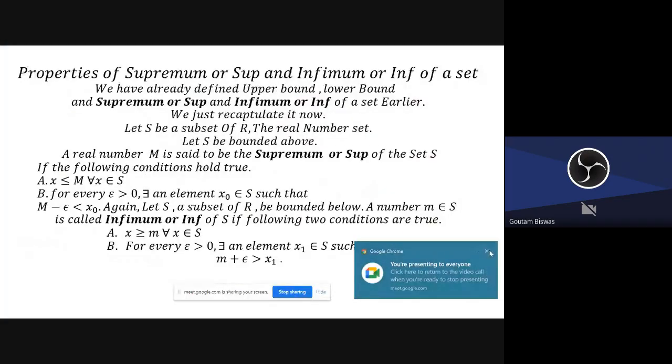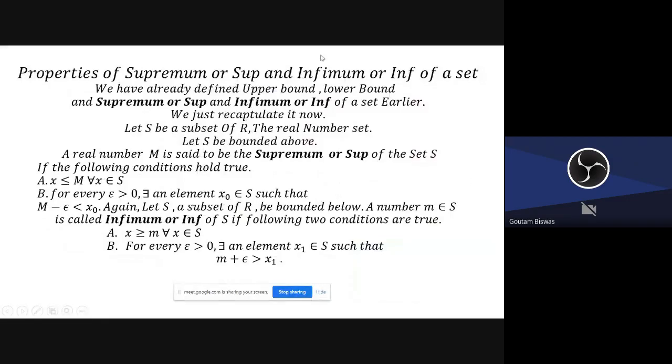So today I'll cover this up. Now, as in the previous class, I have given this in the first class. I think I have already defined upper bound, lower bound, and supremum or sup, and infimum or inf. Okay, we just recollect it now.